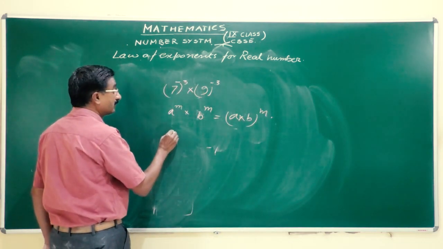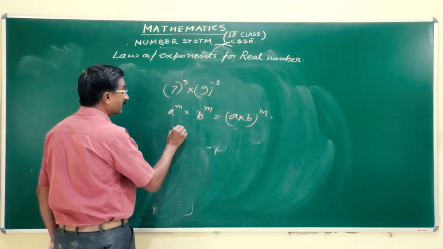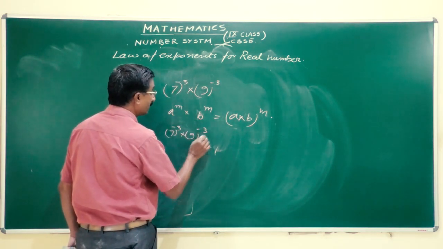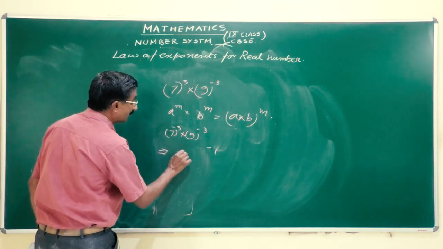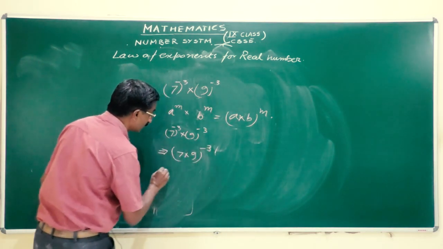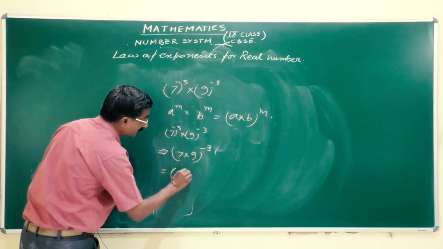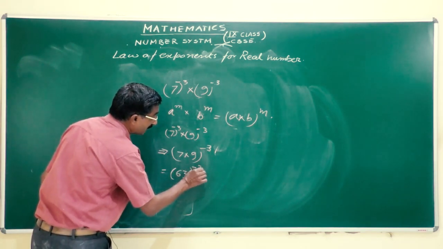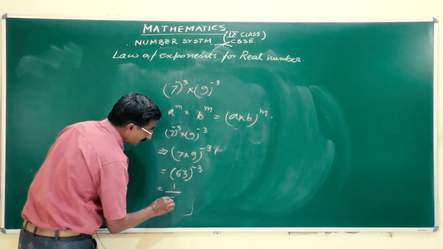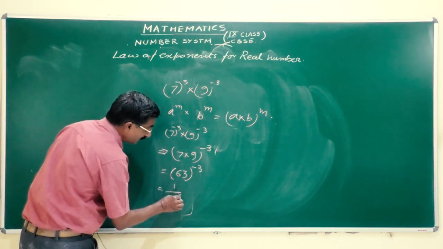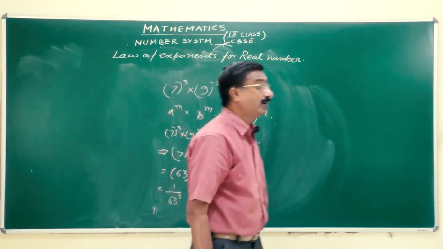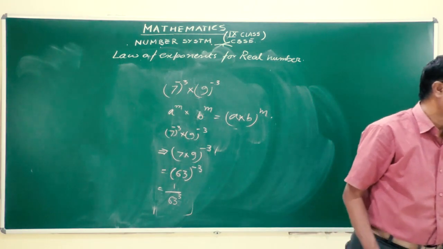So 7 raised to the power minus 3 into 9 raised to the power minus 3 is equal to 7 into 9 whole raised to the power minus 3. So 7 nines are 63, raised to the power minus 3. So this is equal to 1 upon 63 cube.